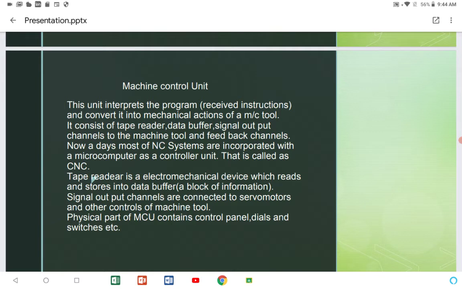As you can see, it is stated very simply. You can read it. For reading the information received, a tape reader will be there, so that all data are converted into signals for the final movement of the cutting tool or machine tool.